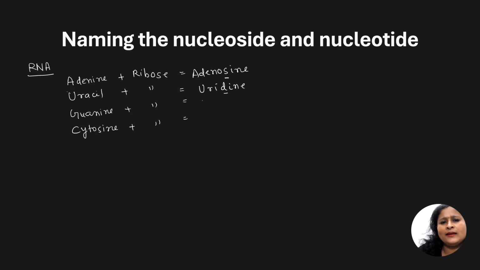And guanine, guanosine. And cytosine, cytidine. If you see, for uracil and cytosine, which are the pyrimidines, idine is used. Adenine, adenosine.